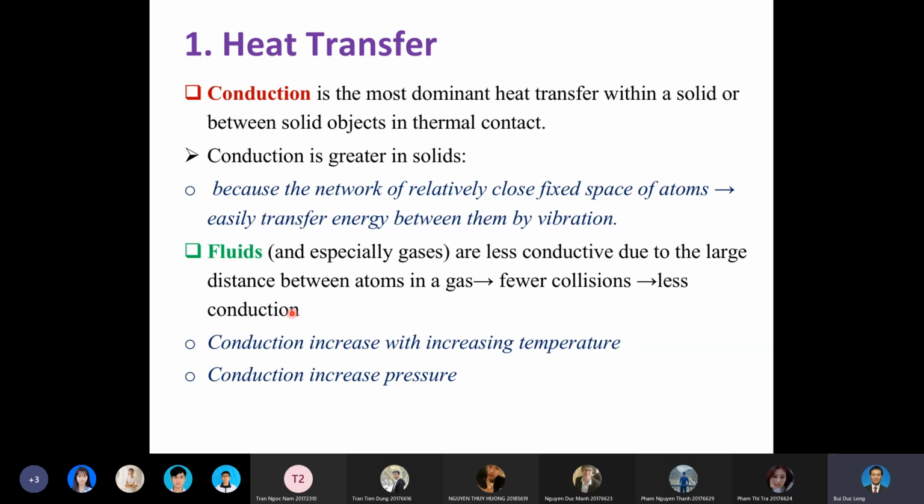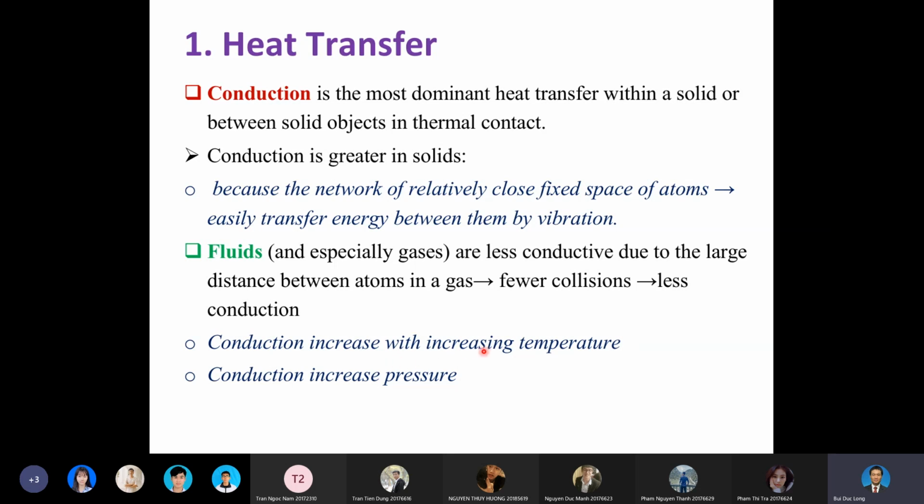One thing to also remember is that conduction increases with increasing temperature for liquids and gases, and it also increases with pressure. That is in fluids, which include liquids and gases.